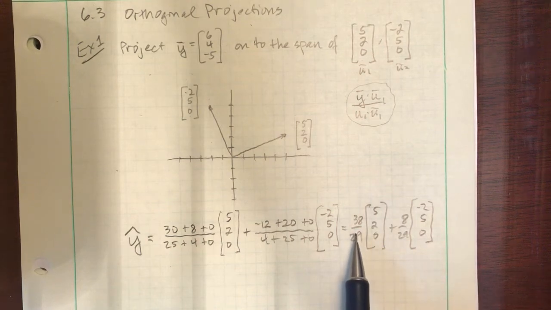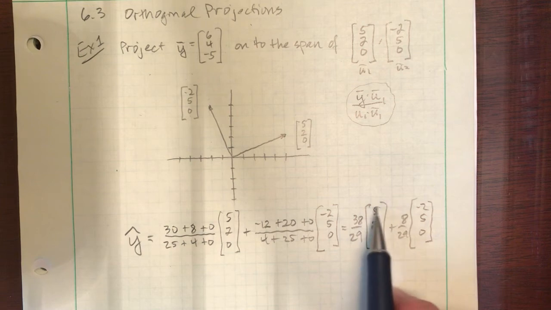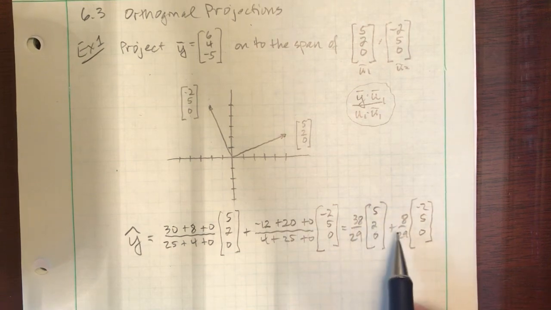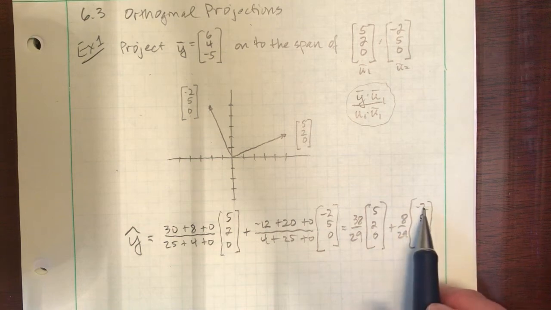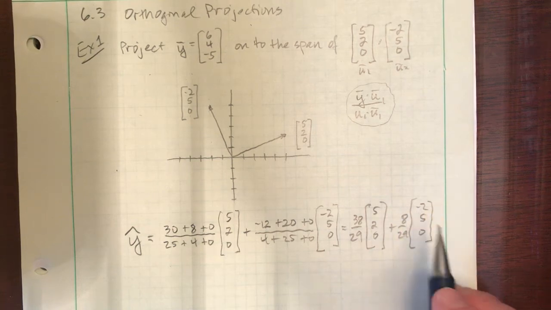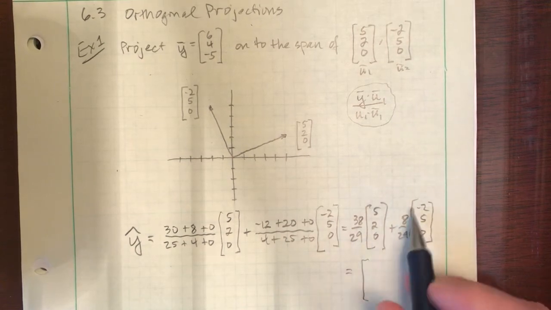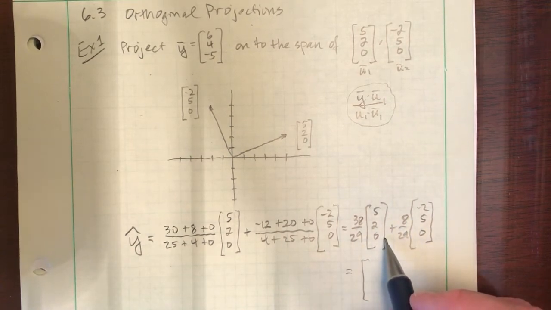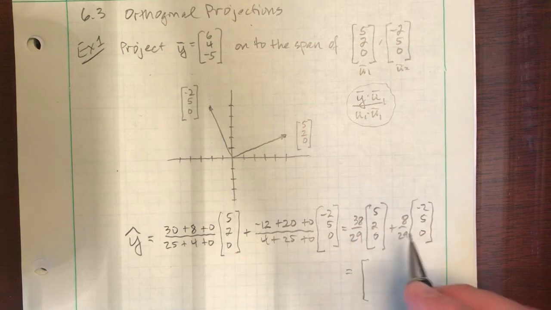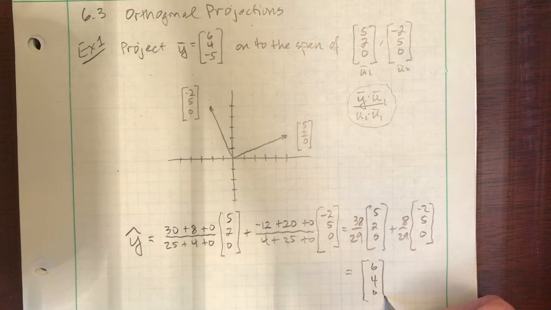If you scale, for instance, 38/29 times 5, keep that number, and then you do 8/29 times negative 2, it actually turns out to be a pretty pleasant result. You can check it against your own calculations, but I believe this linear combination ends up being (6, 4, 0).